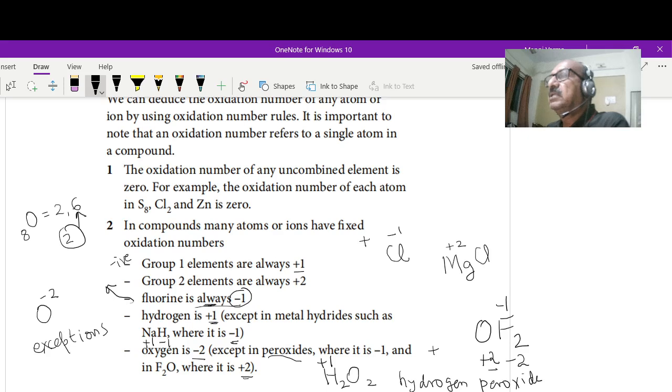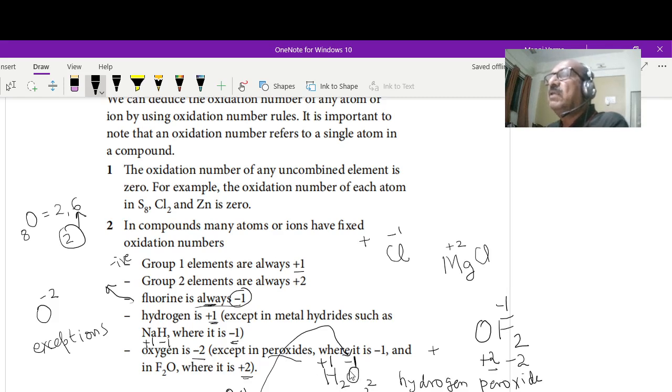So this must be -2 so that the charges are balanced. There is a -2 charge for 2 oxygens, so what is the charge on 1 oxygen? Obviously it is -1. So the oxidation number of oxygen is -1, not -2. We have to consider one atom. So in peroxides, the oxidation number of oxygen is -1.